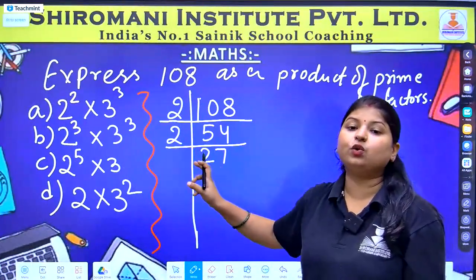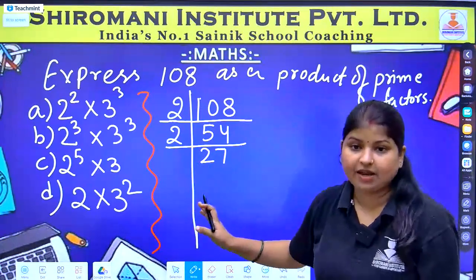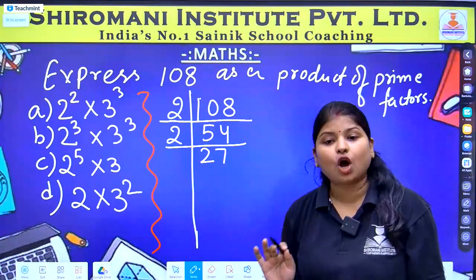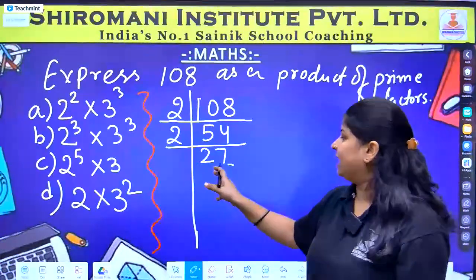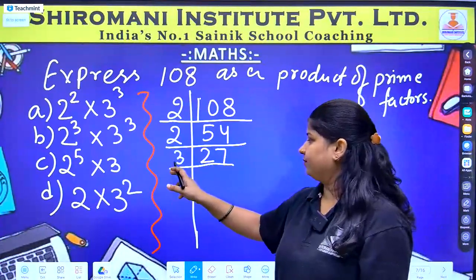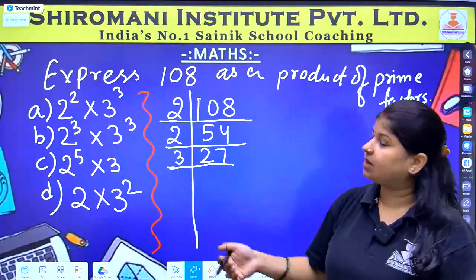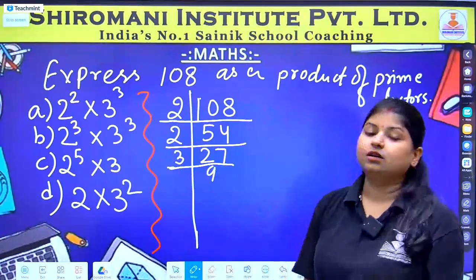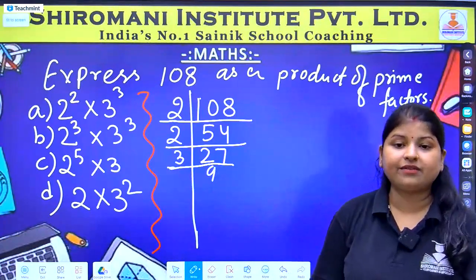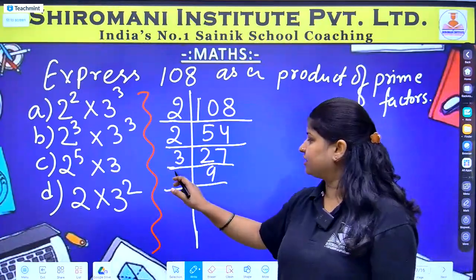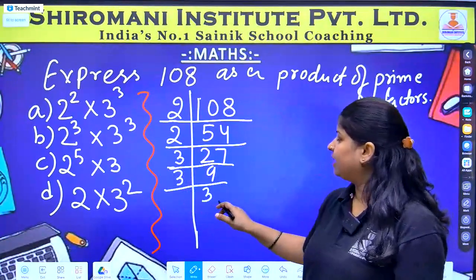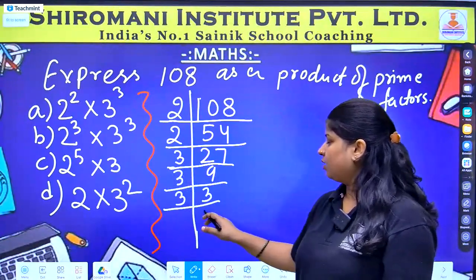54 divided by 2 is 27. 27 is not divisible by 2. So let us check it by 3. 27 is divisible by 3. 3 nines are 27. Now this 9 is also divisible by 3, 3 times 3. And 3 is divisible by 3, 1 times.